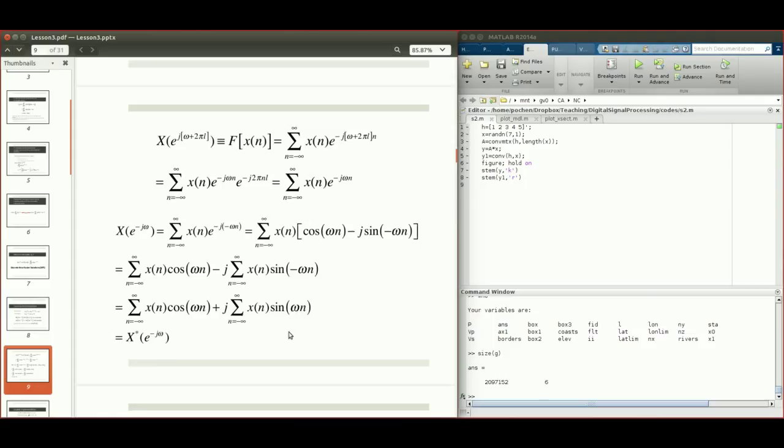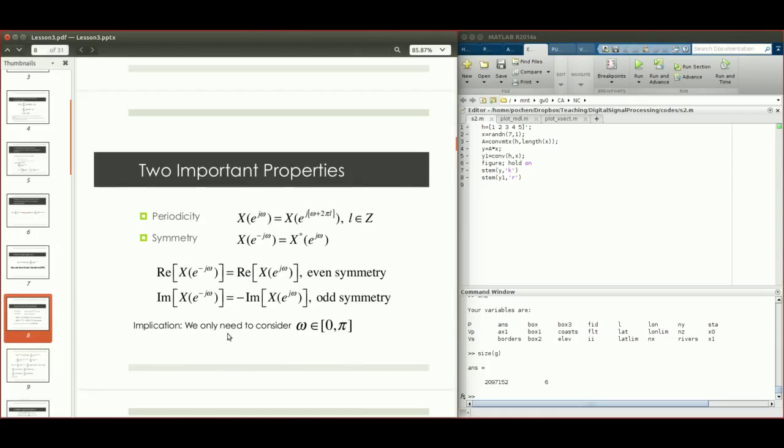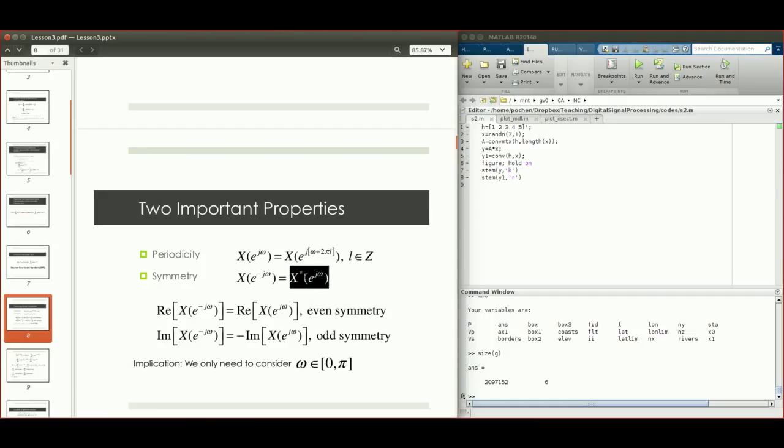That's exactly the conjugation, because the imaginary part has to change sign. That's the definition of conjugation. So here you get another property, the symmetry property: if you change the sign of the frequency omega, you get the conjugation of the original function.